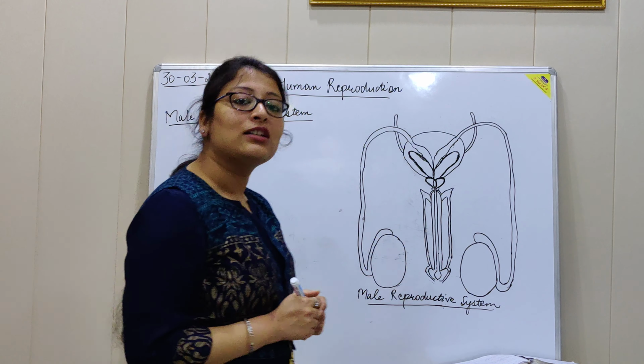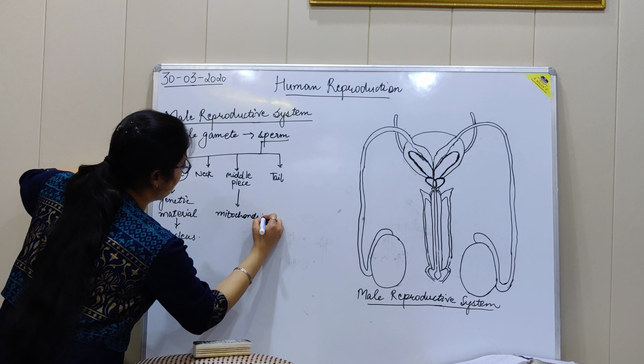Head, neck, middle piece, and tail. The head consists of genetic material, which means it consists of the nucleus. The neck connects the middle piece to the head, and the middle piece consists of the energy currency. Which organelle is it? Mitochondria.